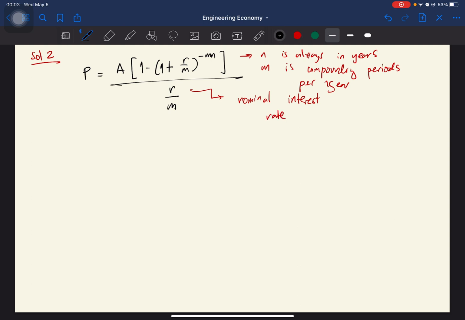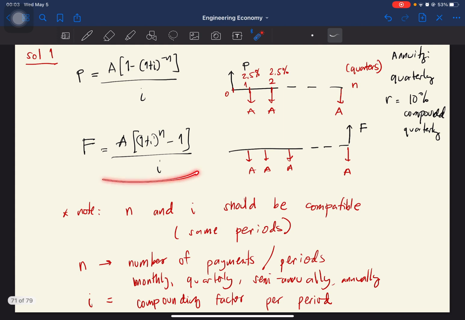Okay? So, same dun sa future worth. So, that's A times 1 plus I, 1 plus R over M, raised to Mn minus 1 over R over M. It's exactly the same dito sa formula na to.